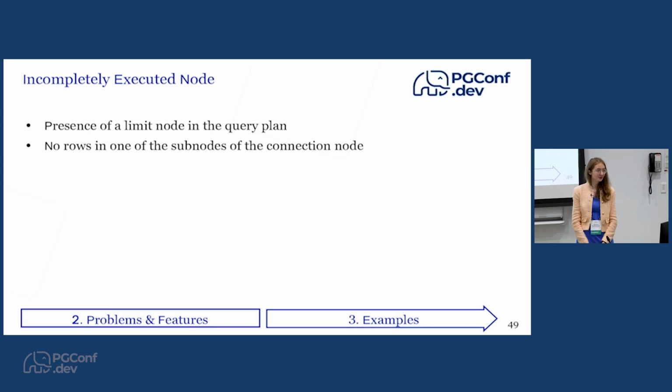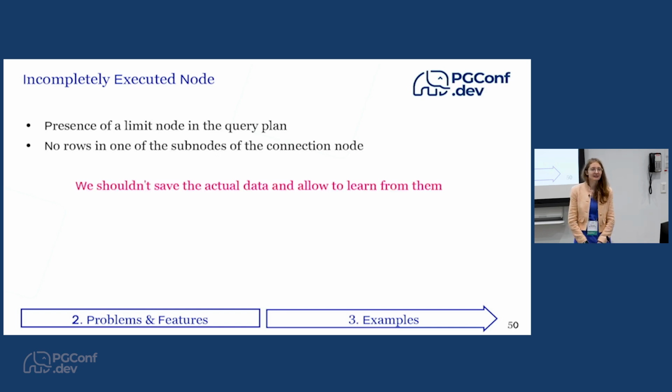Let's discuss problems and features. The first problem was related to an incompletely executed node, and it is caused by the presence of a limit node in the query plan. Another reason is that there are no rows in one of the subnodes of the join node.